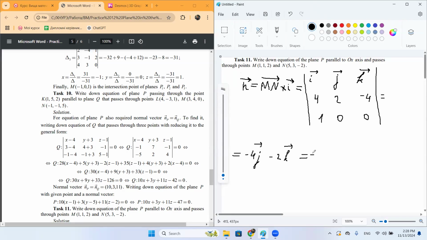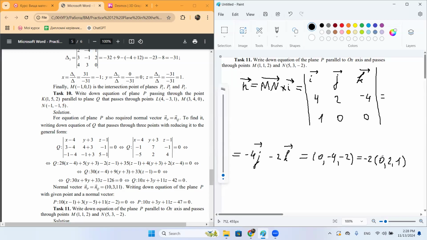So -4 and -2. Oh, no. 0, -4, and then -2. So let's be attentive. And we can also move -2 out of brackets. So 0, 2, 1. And instead of reducing the equation, let's simplify the normal vector for it.